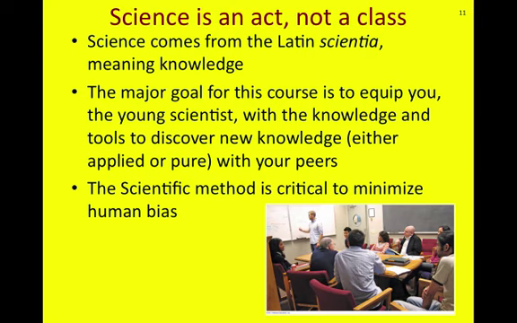I actually encourage you all to work together, both formally and informally, to help each other through this class and all your courses that you may struggle with. You, the young scientists, must start asking questions. And part of asking questions is the first step of the scientific method. The scientific method, as we will come to know in the next slide, is critical to minimize human bias.